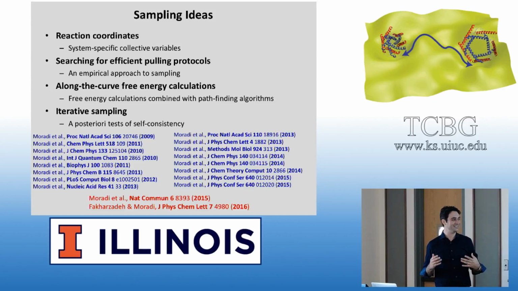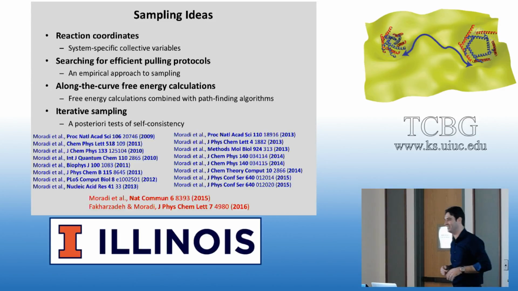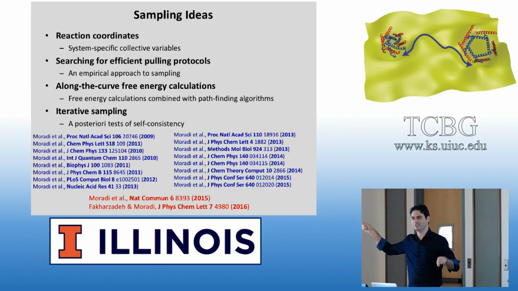That was in the very first paper that I published in my academic work, in 2009. I basically had this idea and I tried it. This was a polyproline peptide, and I wanted to study the transition between the right-handed and left-handed peptide because it can be found in both.